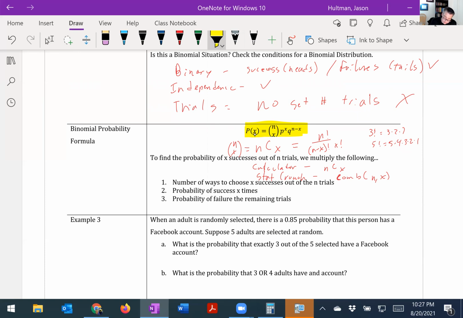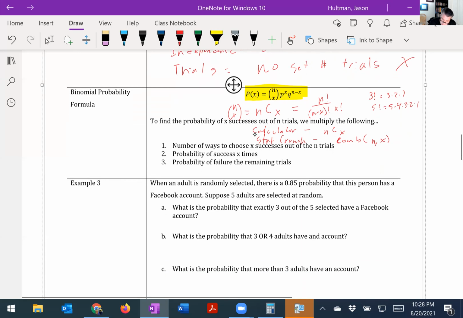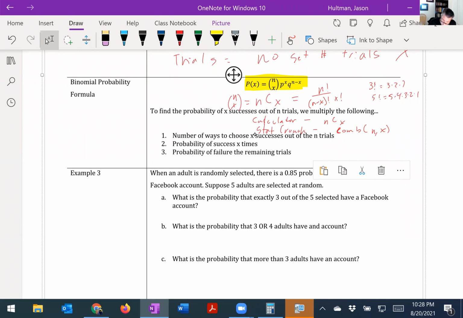I'll show you how we use the formula, and then I'm going to show you that we don't even need the formula, because we can just use the calculator or StatCrunch and it will do it all for us. But we don't want to be lazy. We should know at least how to use the formula.